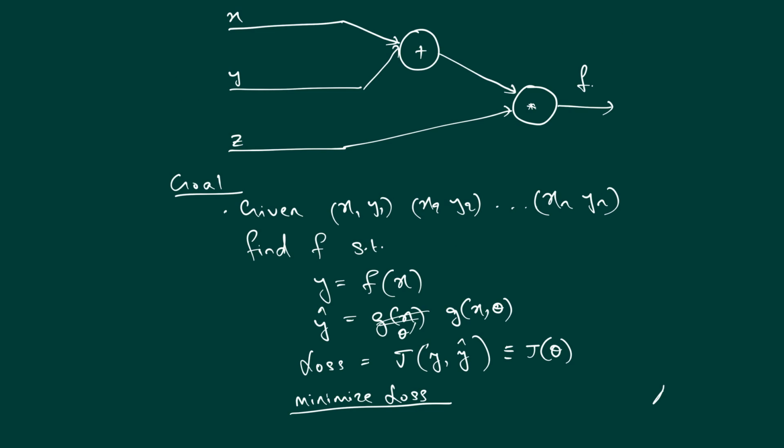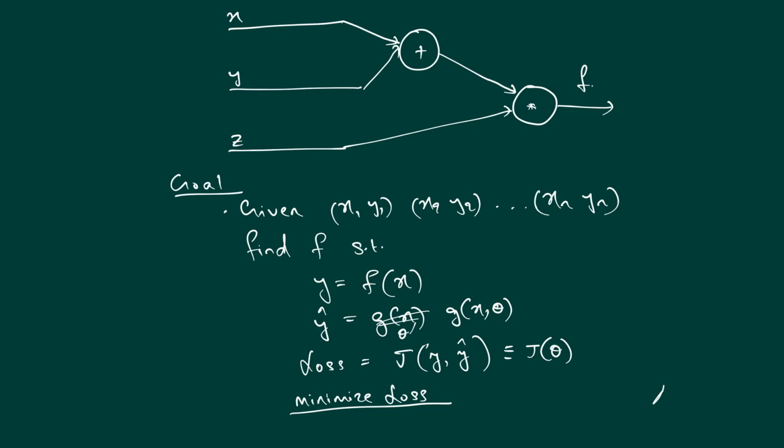So if we were to do a very quick recap of what a neural network is supposed to do, let's say we are talking about supervised training at this point. What we are given are all these training examples, x1, y1, x2, y2, and let's say there are n of those. The whole idea is for a neural network to find the function such that y is equal to f(x).